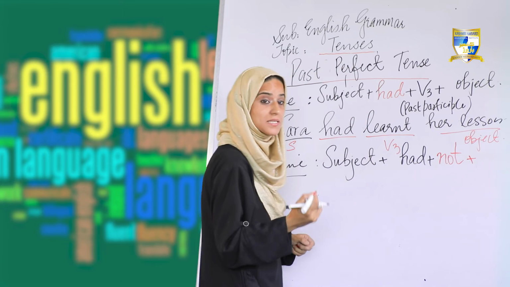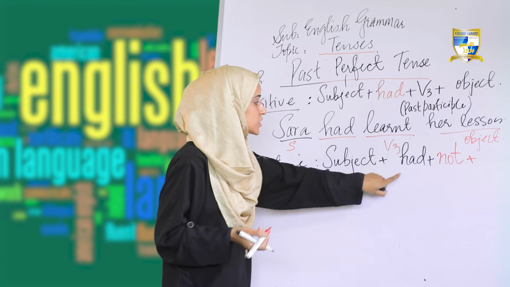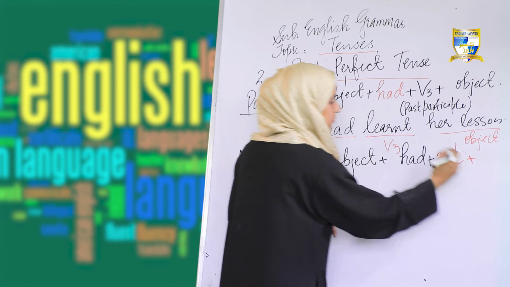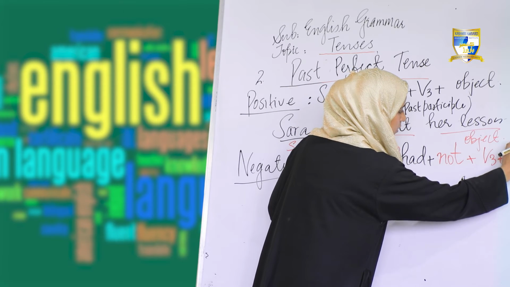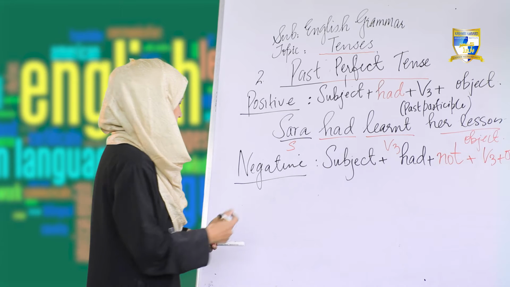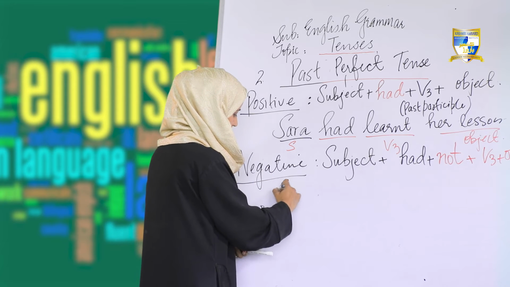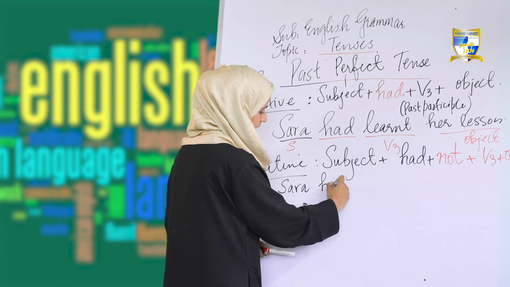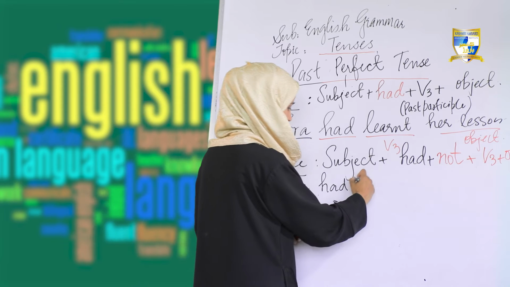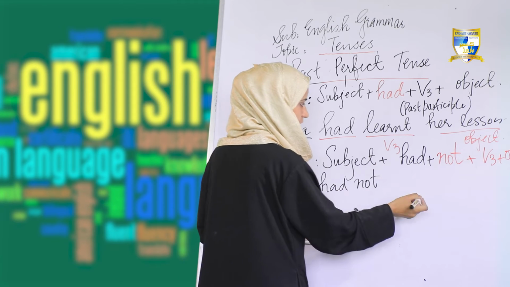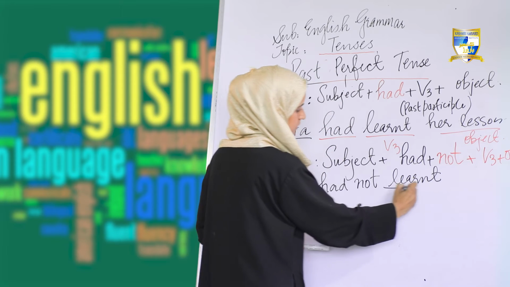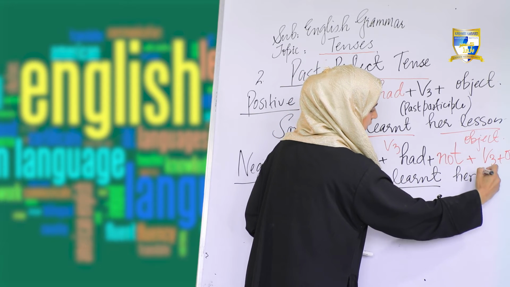Since it's a perfect tense, we are using had. I just mentioned that whenever you use have, has or had, we use verb 3. So let's take the example already there. Sarah had. Since this is a negative sentence, we'll use not. Sarah had not learned her lesson.